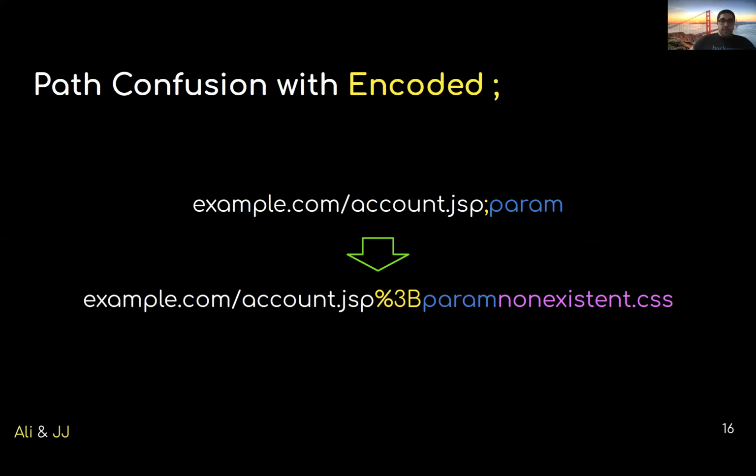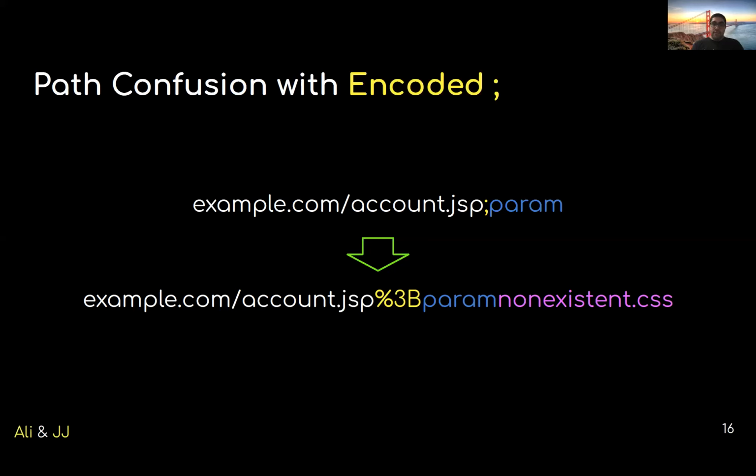So basically, there are some application servers that accept lists of parameters in the URL separated by a semicolon instead of using the query strings. And interestingly, when we encode those semicolons, the middle proxies and the CDNs don't necessarily decode the URL, and they don't understand that this is a semicolon.